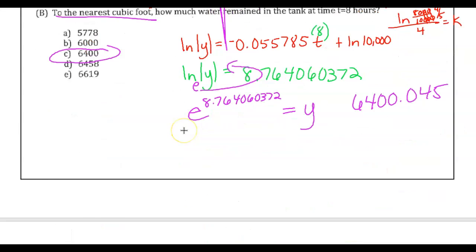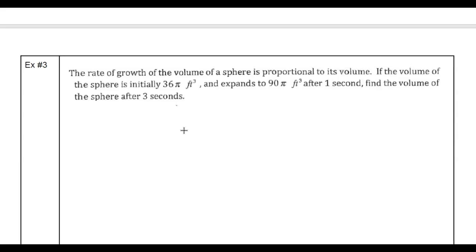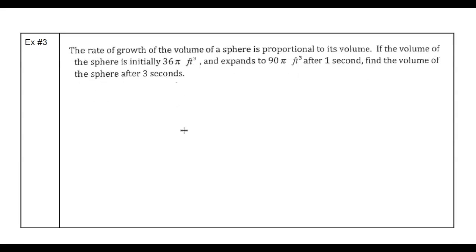All right. Let's try a third example. So this says the rate of growth of the volume of a sphere is proportional to its volume. So I need to write that in a differential equation. The rate of growth of the volume, dV/dt, is proportional to its volume.